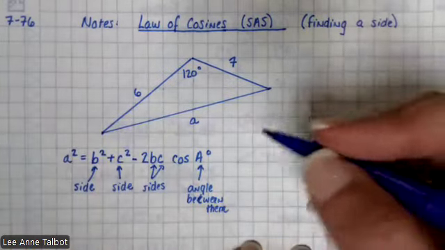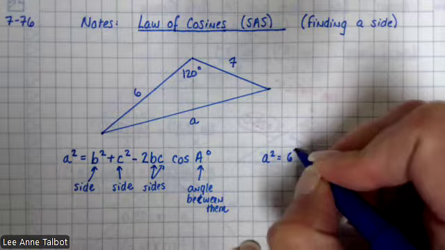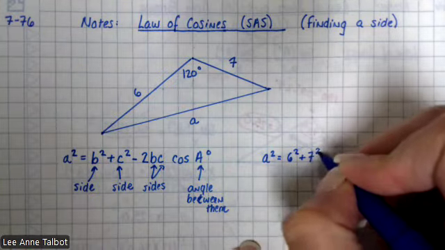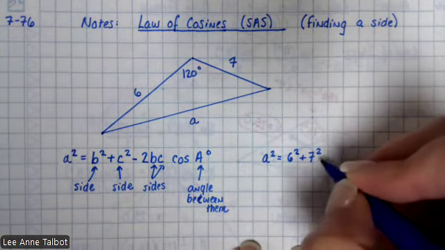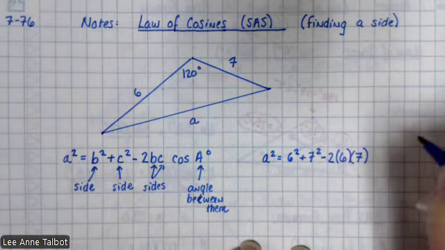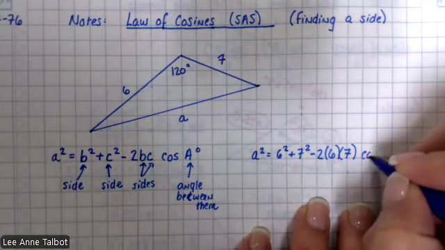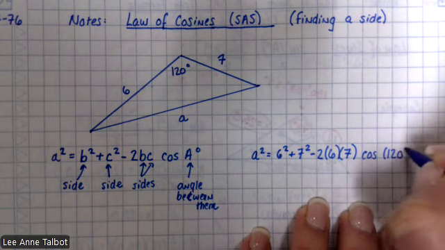Okay, so let's do it for this triangle. So a squared equals 6 squared plus 7 squared minus 2 times 6 times 7 cosine of 120 degrees.